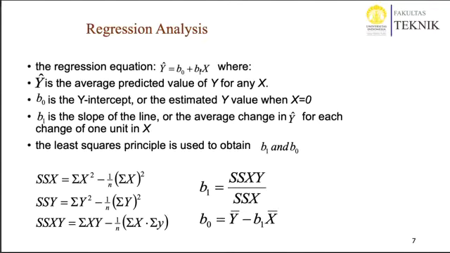Where the minimum is reached, this optimization is known as the least square linear regression problem. We can solve this regression analysis by using the least square principle to obtain beta 1 and beta 0.